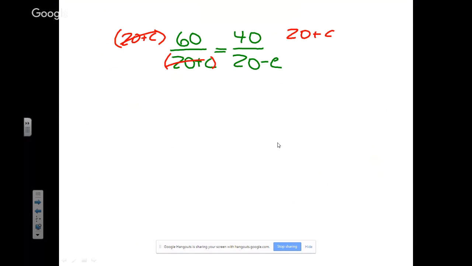So then I have 60 equals 40 over 20 minus C times 20 plus C. I have to put this in parentheses because there's stuff on the outside. And then how do I get rid of the other one? This one. Multiply by that.